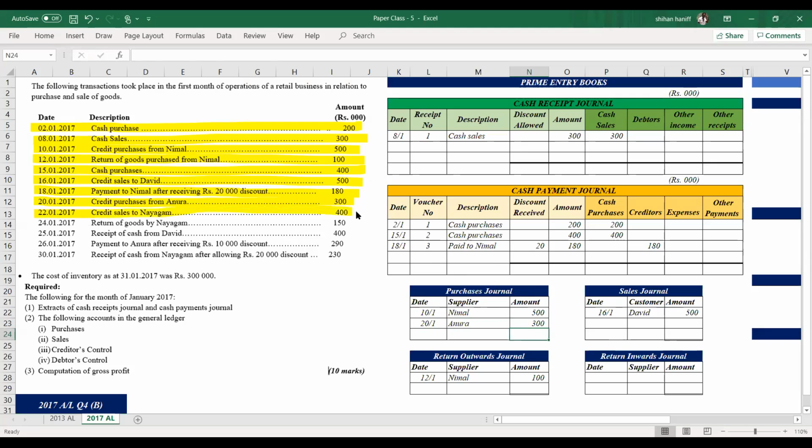Credit sales to Nayagam. It is sales journal, 22nd January. Nayagam, 400. Right? Return of goods by Nayagam 150. So it is a return inwards, 24th January.